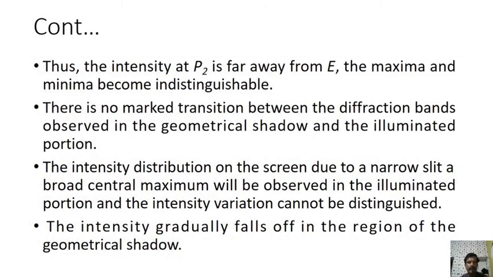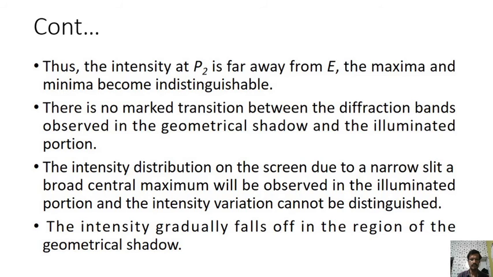Thus, the intensity at P2, far away from E, is weak. The maxima and minima become indistinguishable. They cannot be distinguished. There is no marked transition between the diffraction bands observed in the geometrical shadow and the illuminated portion.